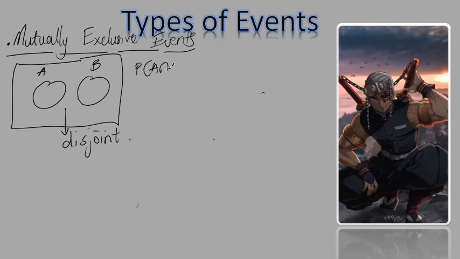The probability of the intersection is 0. Why? Because the chances that you will get an item inside this sample space that exists in event A and event B is 0, because there's no such thing as an outcome being in A and in B, since the two events are separate and have no shared outcomes. So the probability of that is 0.